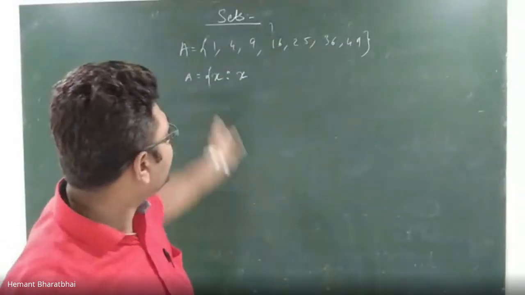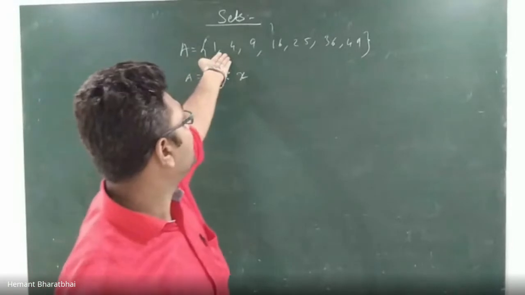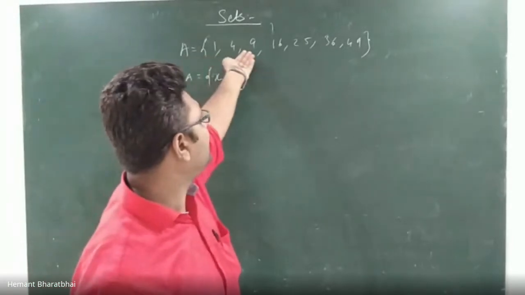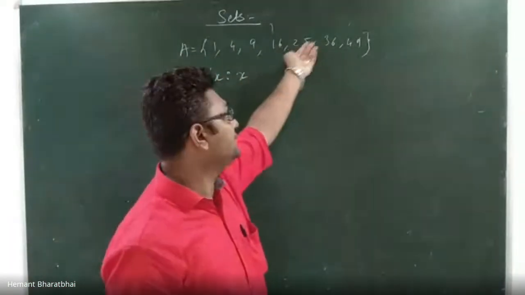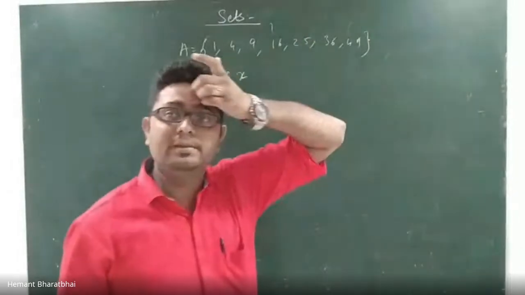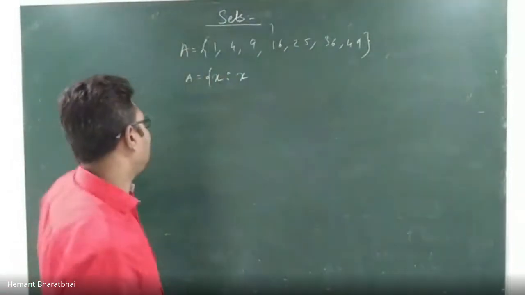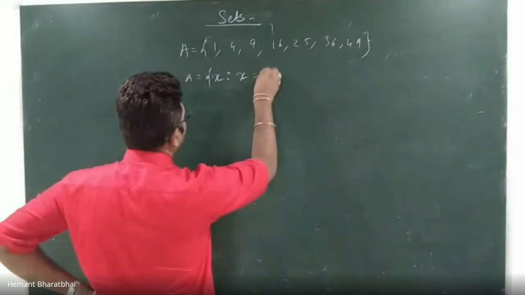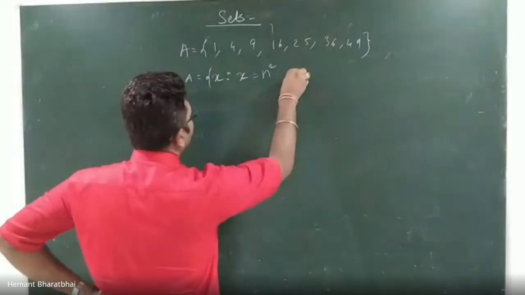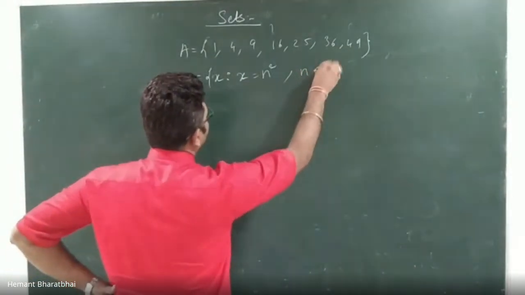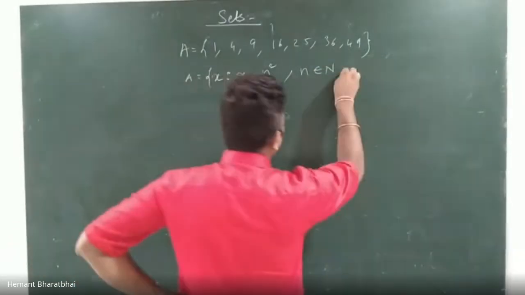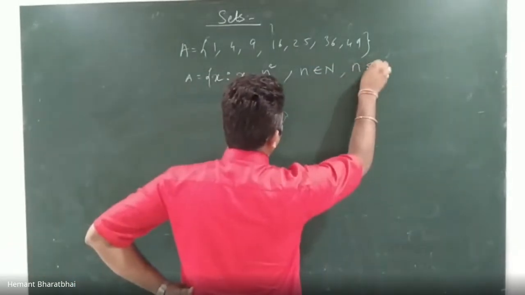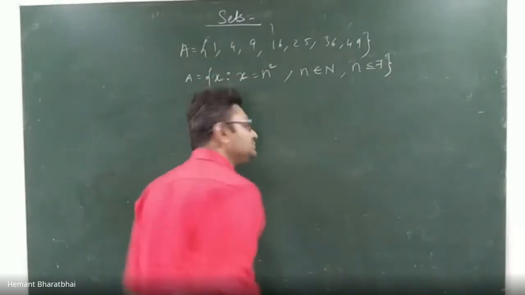Here 4 is 2 square, 3 square, 4 square, 5 square, 6 square, 7 square. So the rule is x equals n square, where n belongs to natural numbers and n is less than or equal to 7.